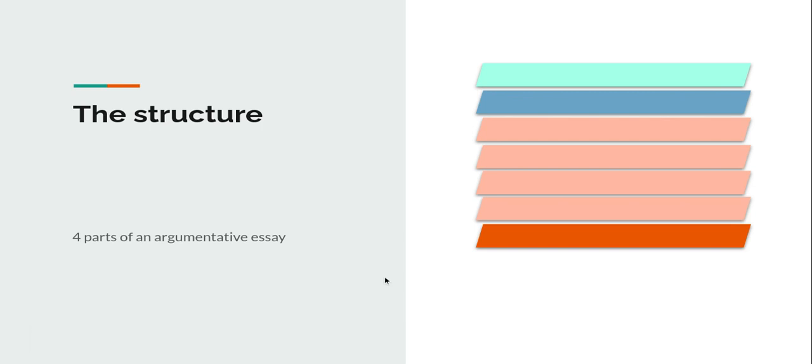So to give these parts names, we have the introduction, the thesis statement, the main body, and the conclusion. And what these 4 parts consist of and what their functions are, that is what I have prepared for you next. So this is the general structure, and now let's look at the individual parts of such an argumentative essay.